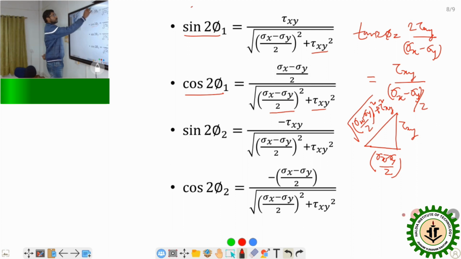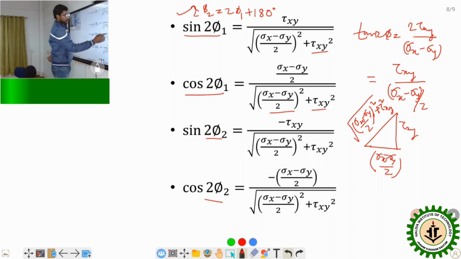So as 2 phi 2 equals 2 phi 1 plus 180 degree, sine 2 phi and cos 2 phi for this particular condition will be minus. So minus tau xy by the same thing and minus sigma x minus sigma y by 2 divided by the same thing.